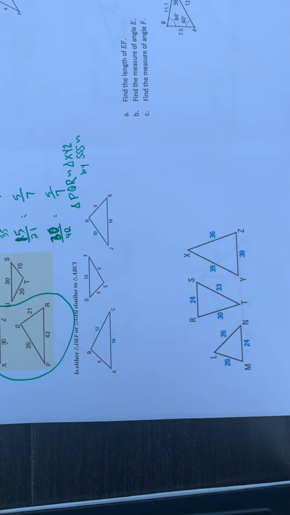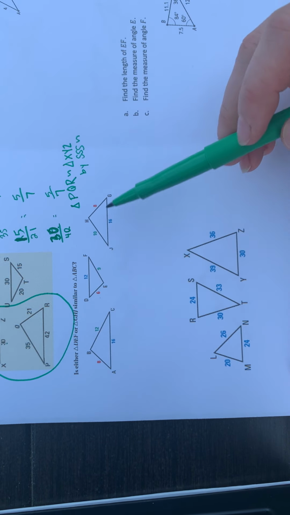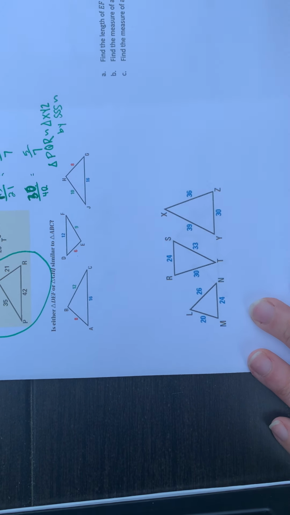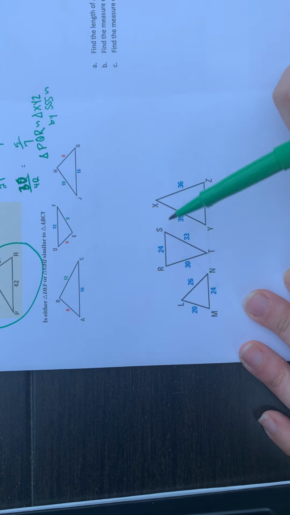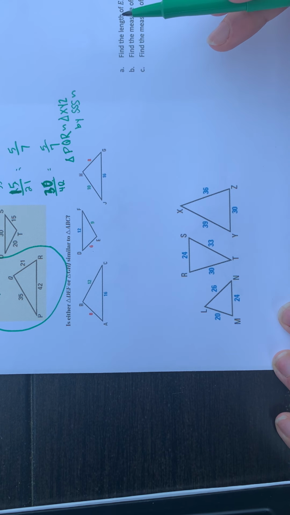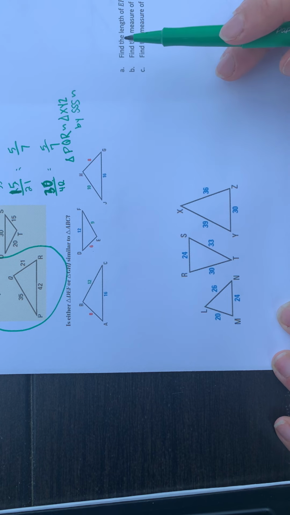Here we go. Is DEF or GHJ similar to ABC? Okay, so we got DEF, we got GHJ, and we have ABC here. I'm going to have you look at these triangles really quick. I bet there's one that you could rule out just by looking at one set of sides.